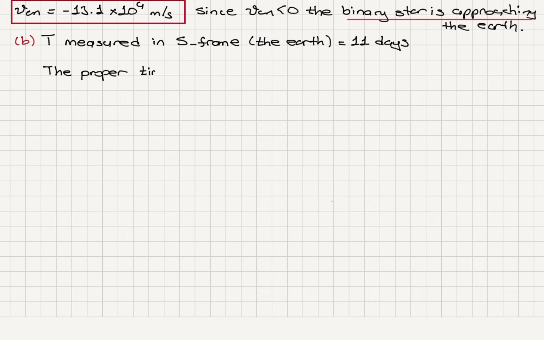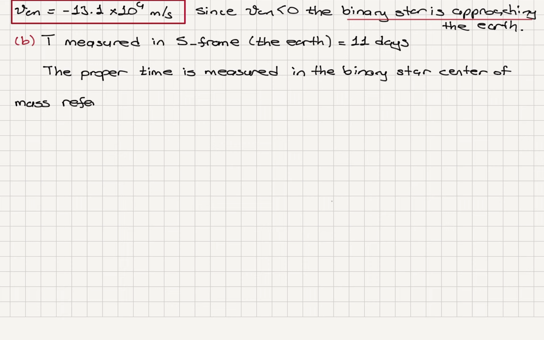So I can say that the proper time for an event is measured in the binary star center of mass reference frame, because the center of mass doesn't change.